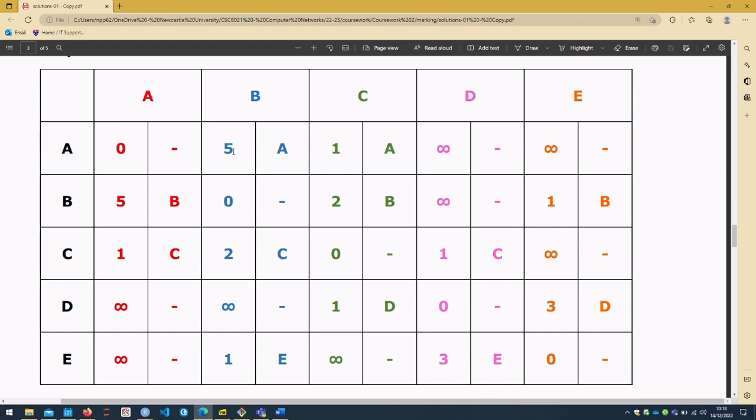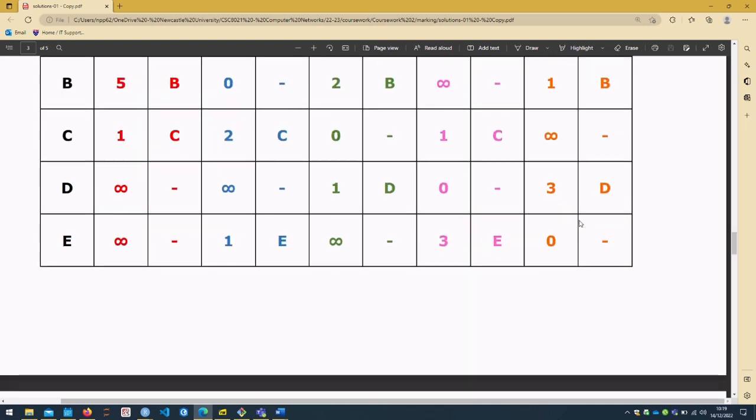B sees A, C, and E with the cost shown here. Same for C: A, B, D. C is the most central node. And D only sees C and E, and E sees B and D. Alright, so the first iteration is fairly easy.